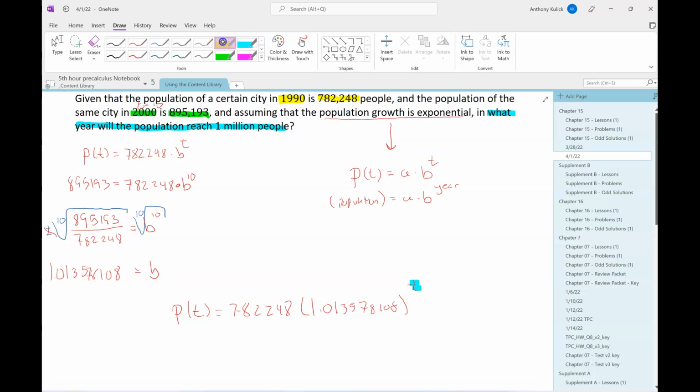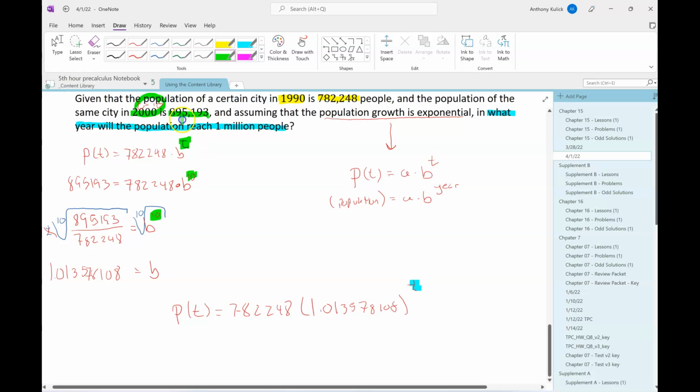Remember, when we did the t equals 10, where did we put that? That went in for t. So we're solving for t. Then what are we going to plug in for p of t? Yeah, the population at that year, which in our case is 1 million.